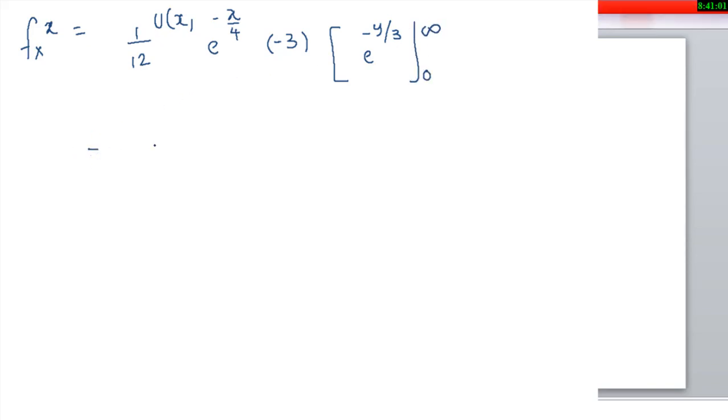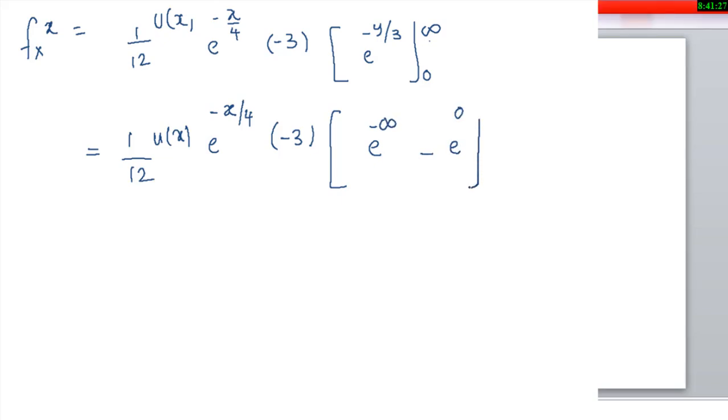So the next step: 1 by 12 u of x e power minus x by 4 into minus 3. I substitute the upper limit in place of y: substituting infinity gives e power minus infinity, minus e power 0.